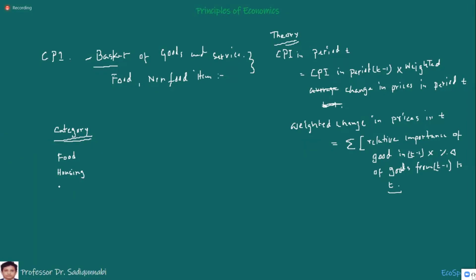Third item could be apparel, which means clothing or garment. Fourth is transportation, then medical care, and the last one may be others.